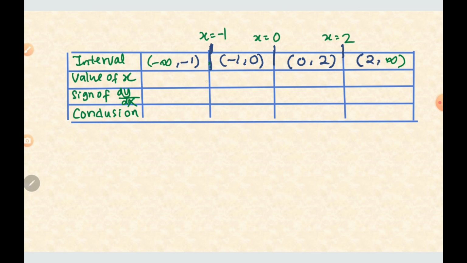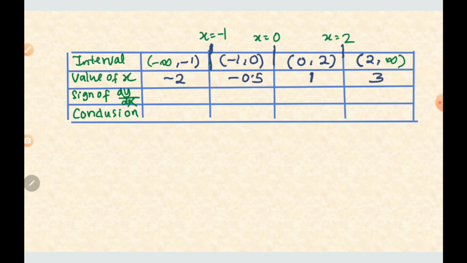Then as usual, you need to pick a value for each interval. Let's say the first value is negative 2, the second one is negative 0.5. From 0 to 2, let's say I choose 1, and for 2 to infinity, I choose 3.